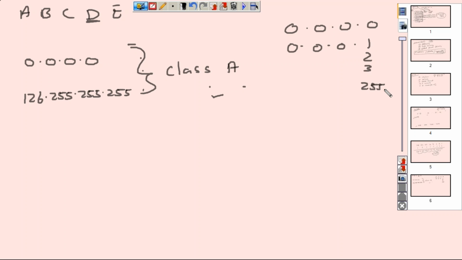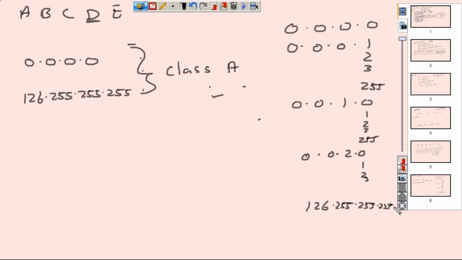If you want to go to the next one, then you have 0.0.1.0, and then 1, 2, 3 until you reach 255. Then you have 0.0.2.0 and then 1, 2, 3 until you reach 126 to 255.255.255.